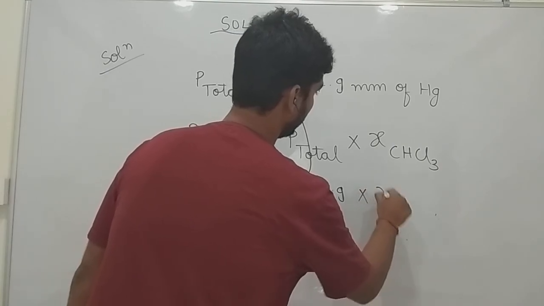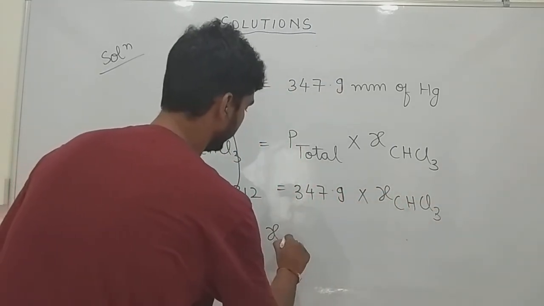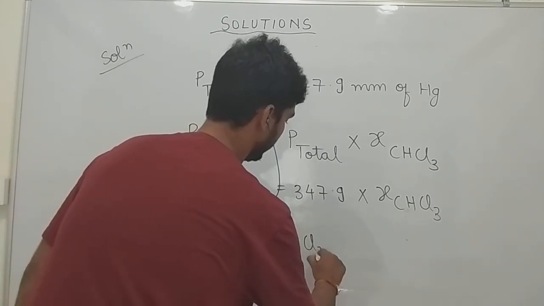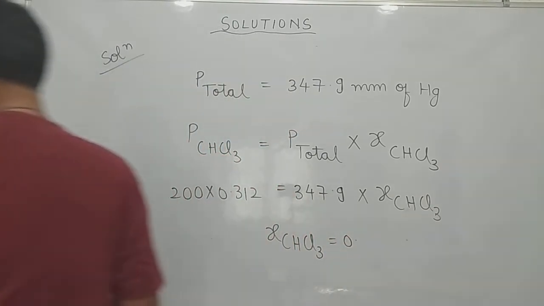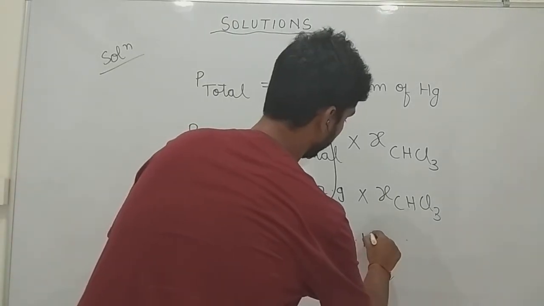You can easily calculate the mole fraction of chloroform, and it comes out to be approximately 0.18.